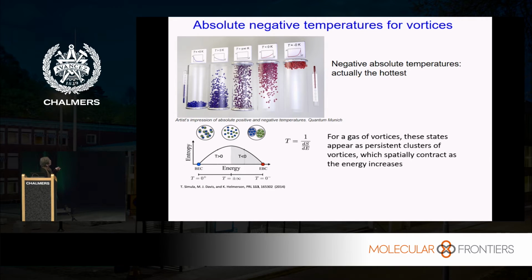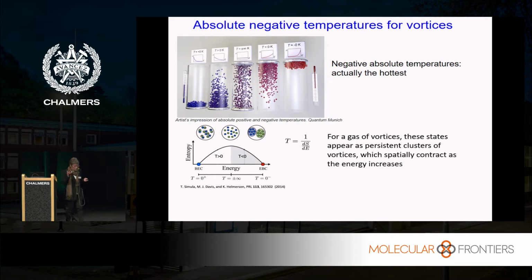Then when we go up with the temperature, this disorder is growing, and when the temperature is plus or minus infinity, we have perfect disorder. Then I'm going down in temperature to minus temperature, and it means that the hottest temperatures will describe the negative temperature and perfect order. This is what we'll be trying to do using our cold atoms.